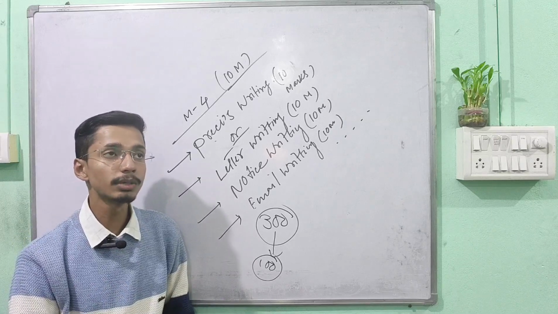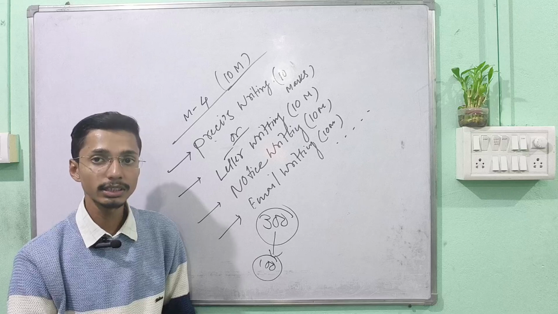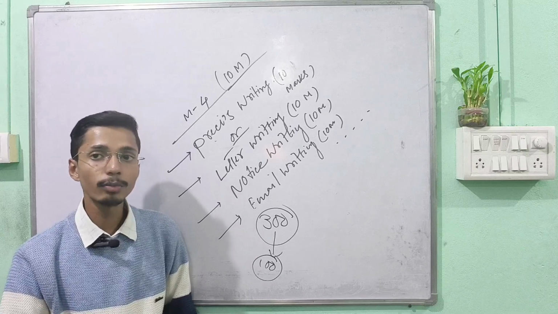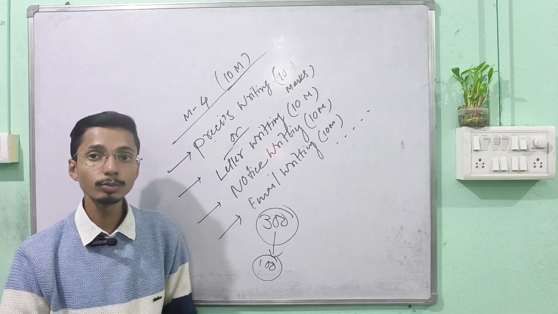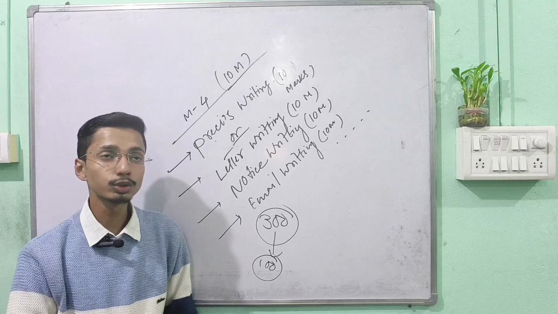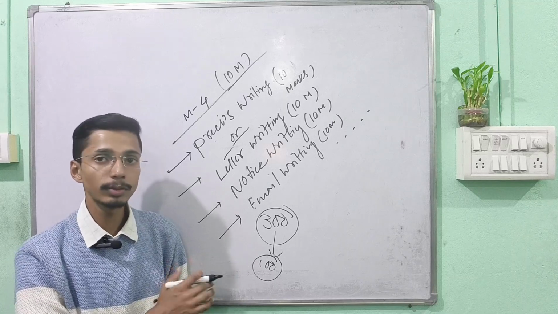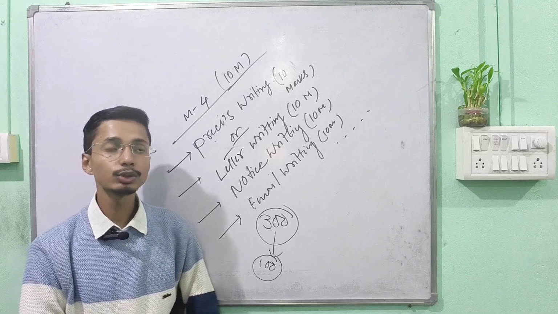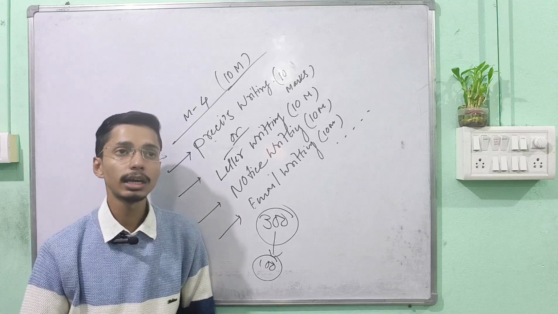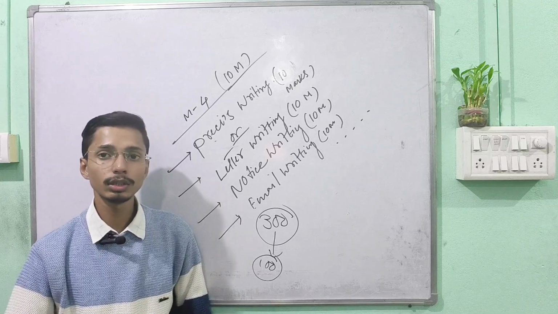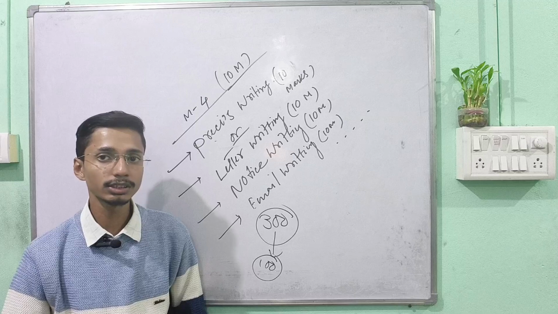Then the third rule is the meaning of the precis should be clear and free from any grammatical error. Handwriting should be clear, no words should be copied from the given passage, and the meaning should be in your own language. Those are the rules of precis writing. So this is the basic structure of precis writing.